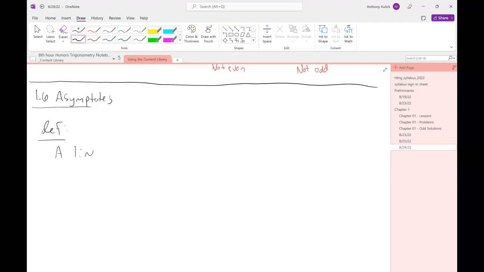Great. A line that the graph approaches but does not touch.